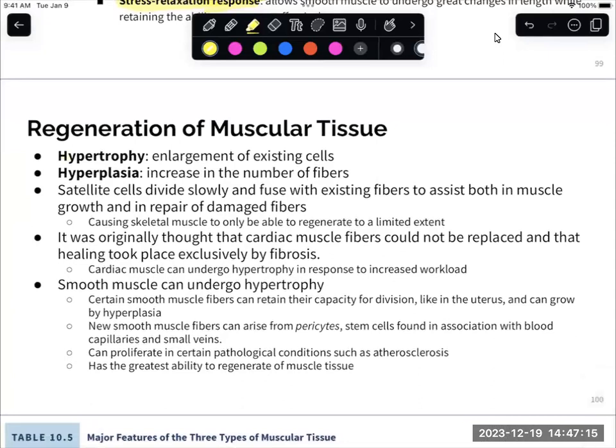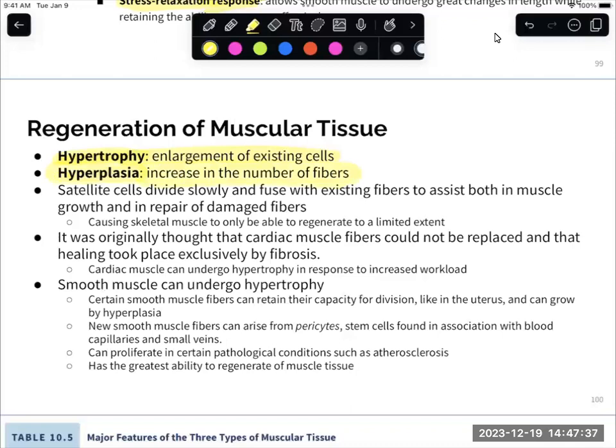Hypertrophy is enlargement of existing cells. This can be skeletal muscle, cardiac muscle. It goes across all kinds of different cells. Hyperplasia is an increase in the number of fibers.